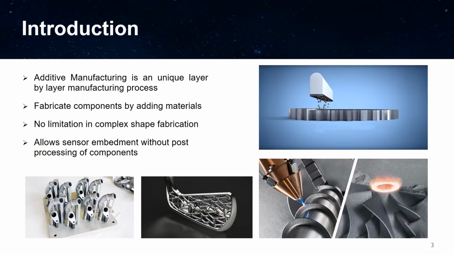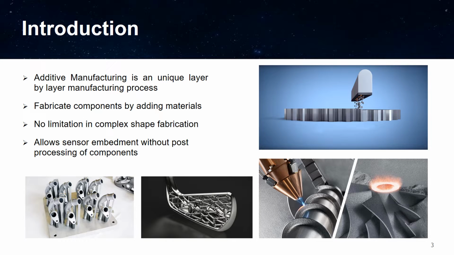So additive manufacturing, as a lot of you know, is a unique layer by layer manufacturing process that manufactures the part by adding material instead of removing material, compared to the old conventional designs.